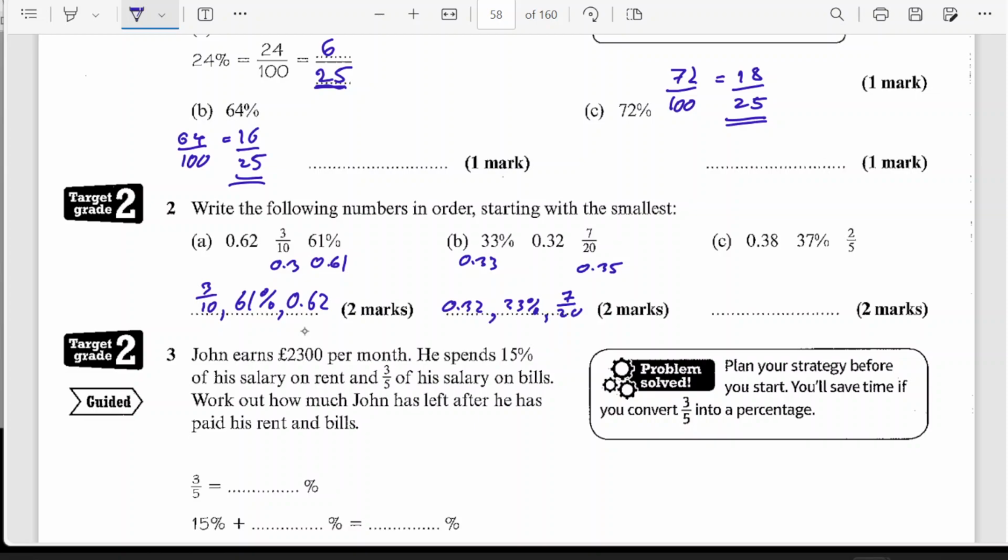And then our final one, so 37% as a decimal is 0.37, and then this is going to be 0.4, because it's 4 out of 10, which would be 40 out of 100, so 0.4. And then ordering these, 37% is going to be my smallest, followed by 0.38, followed by 2 over 5. And then commas separate.